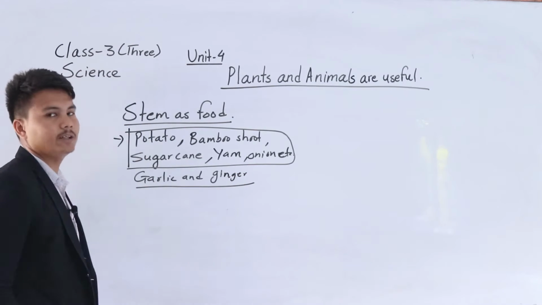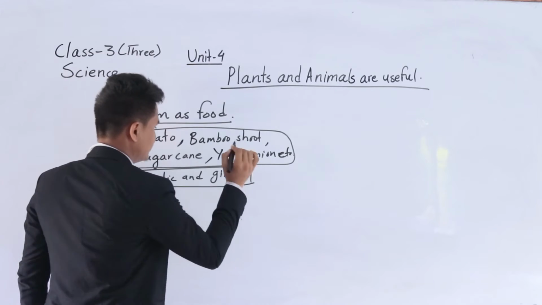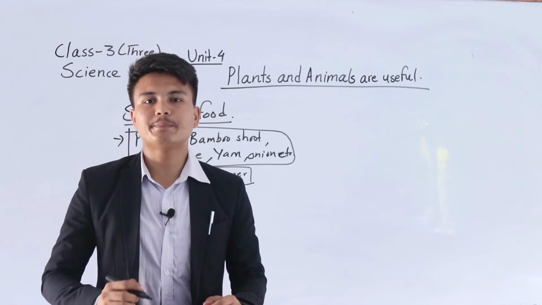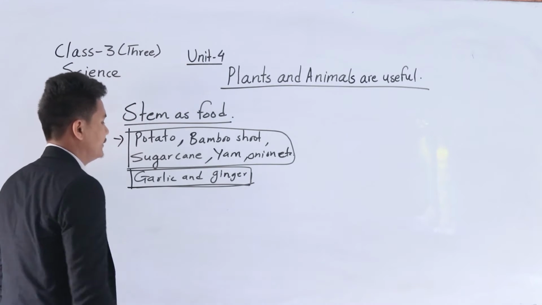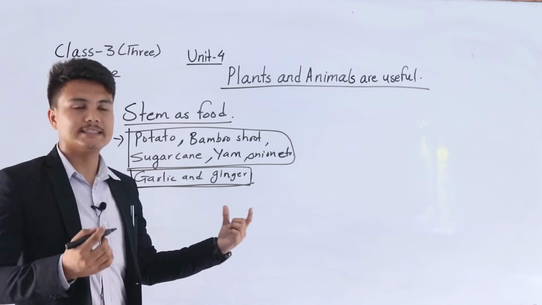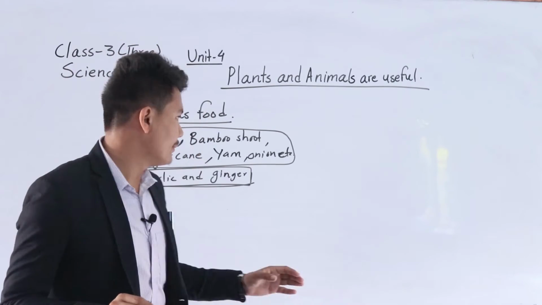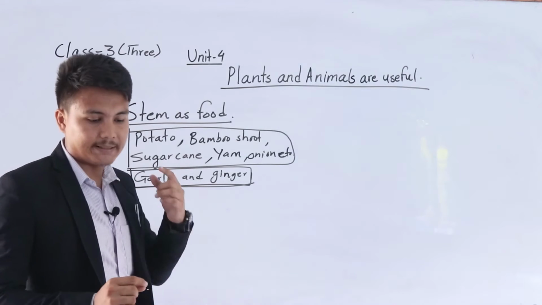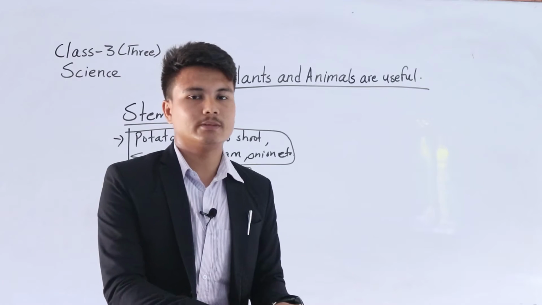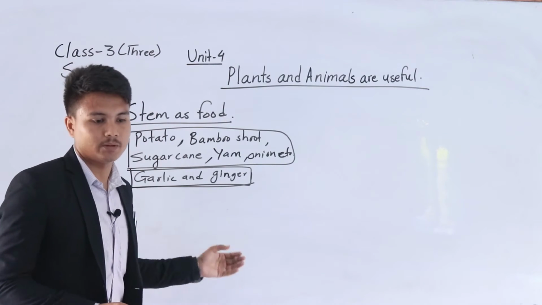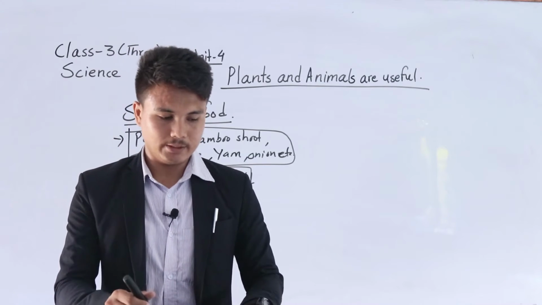These two are basically used as spices, which means they are used as the main spices of our food that make our food delicious and tasty. Your mother, your sister, or your family members obviously put them in. Basically, we Nepalese and Indians use a lot of garlic and ginger paste. They are a medicine as well. Okay, clear all of you?